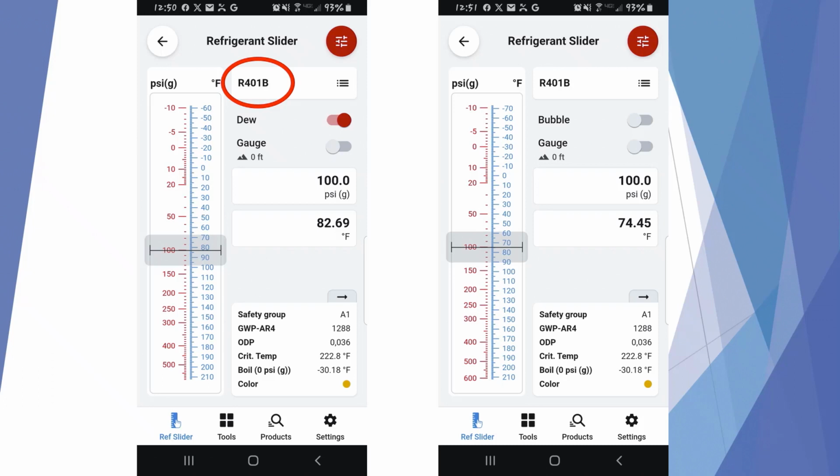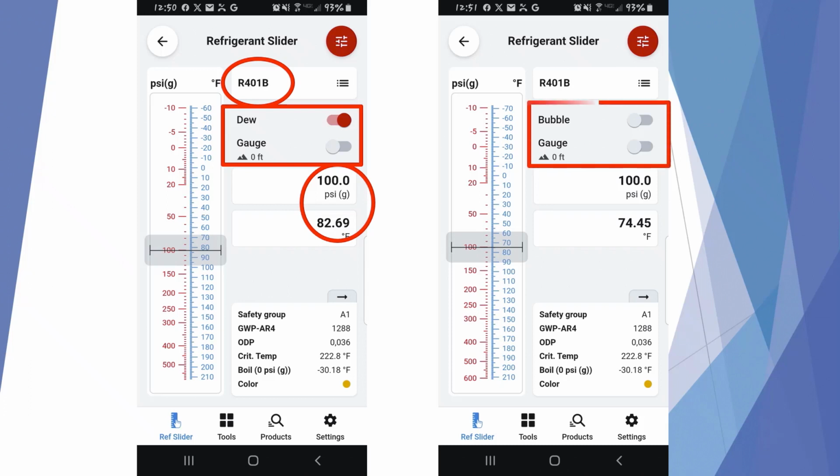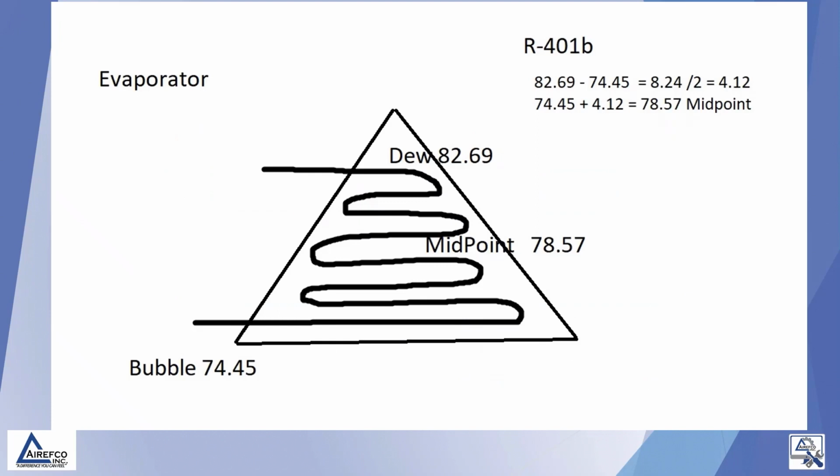You'll notice on the slider that 401B has a dew point, and at 100 pounds, the temperature of the coil will be 82.69, and at the bubble point, at 100 pounds, our temperature would be 74.45. So when we put R401B on a visual, we see our bubble temperature of 74.45 entering and our dew point of 82.69 exiting the coil.